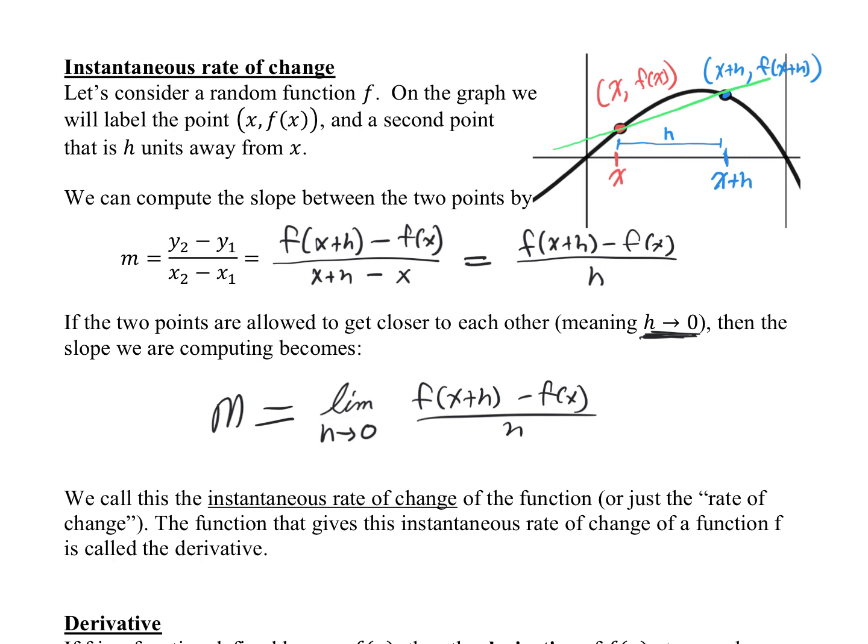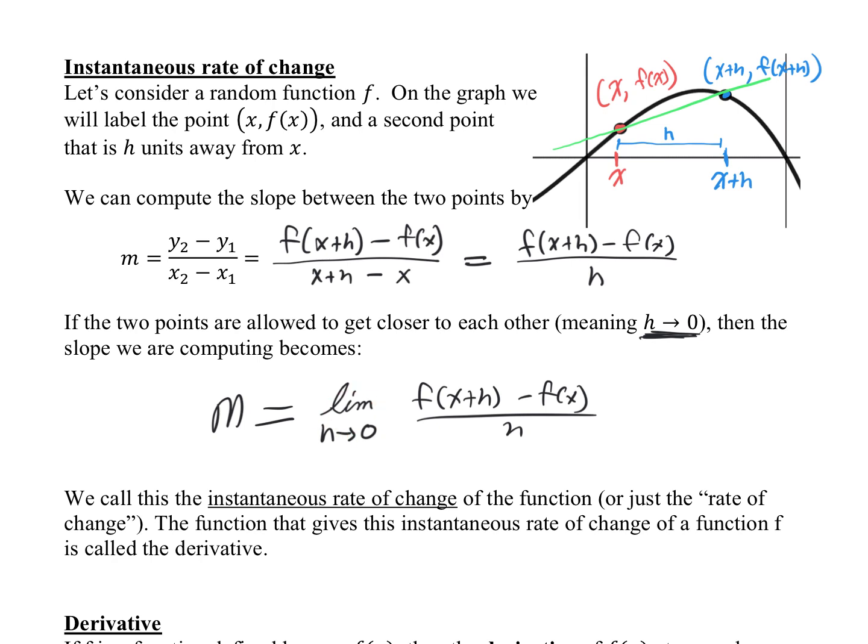So this was the reason why we spent time in previous sections talking about limits, because we want to be able to compute this thing. And what we have here is going to eventually become the definition of the derivative. So we call this an instantaneous rate of change of the function, or just the rate of change of the function.